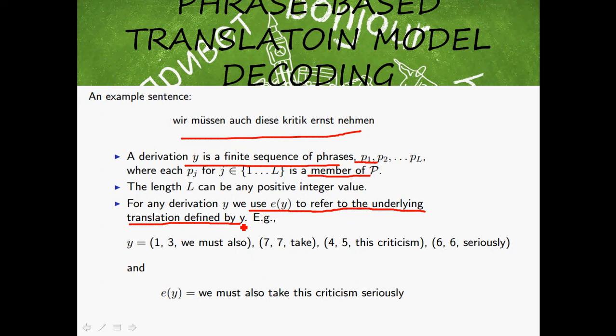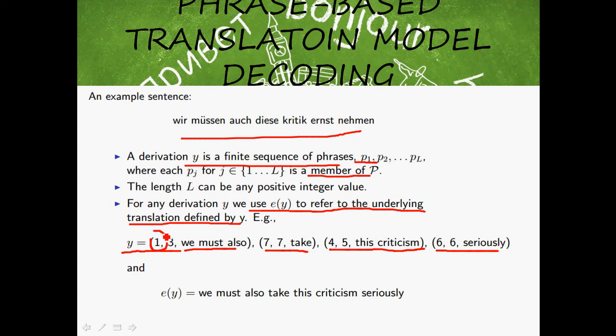Here is an example. y equals 1 through 3, we must also; 7 through 7, take; 4 through 5, this criticism; 6 through 6, seriously.